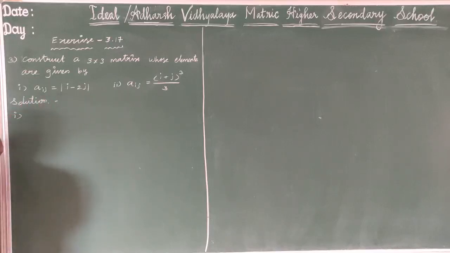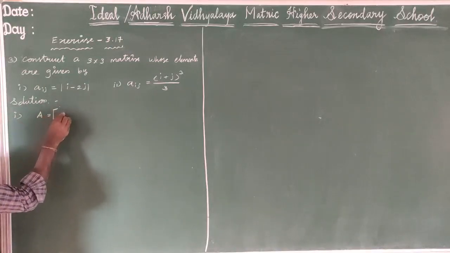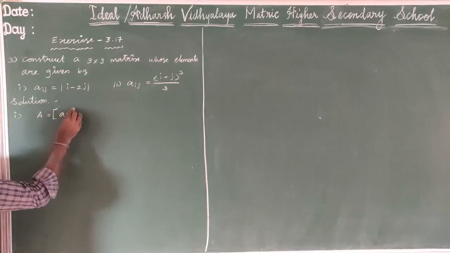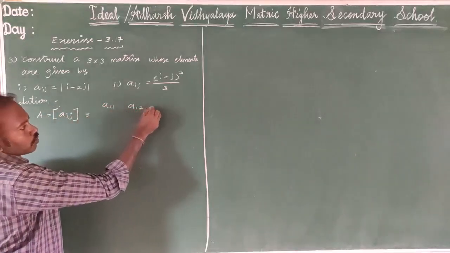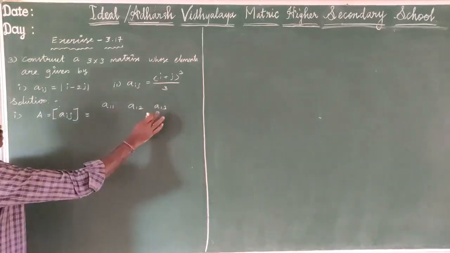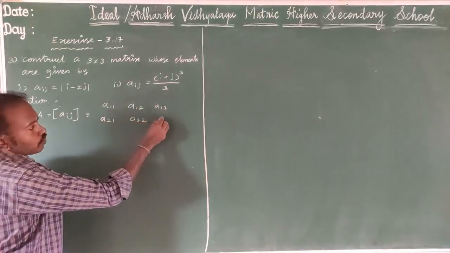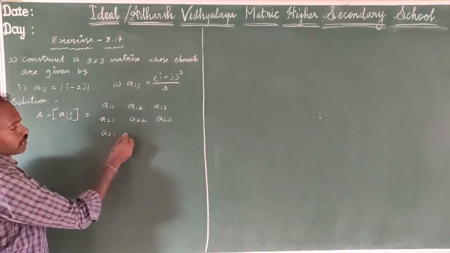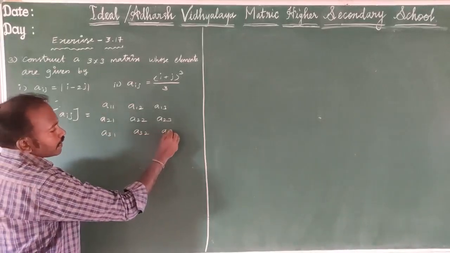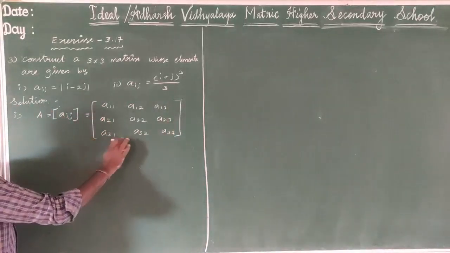First subdivision. The general form of 3 by 3 matrix is A is equal to Aij, that is A11, A12, A13, first row, and A21, A22, A23, second row, then A31, A32, A33, that is third row.